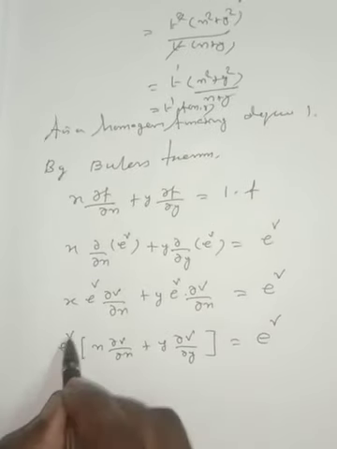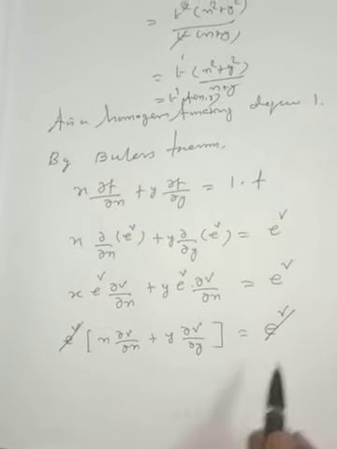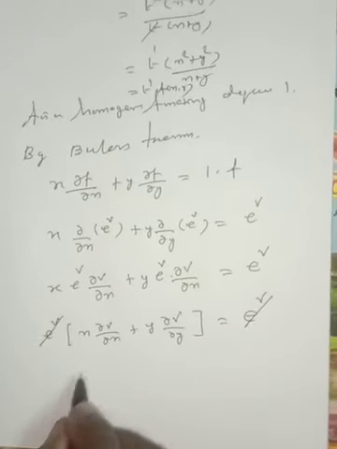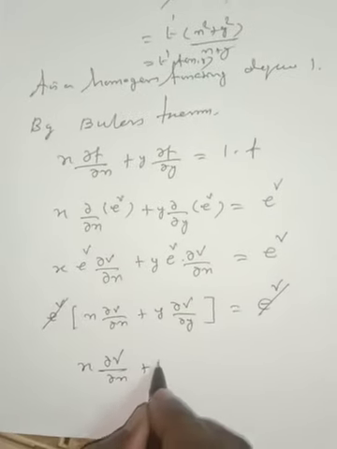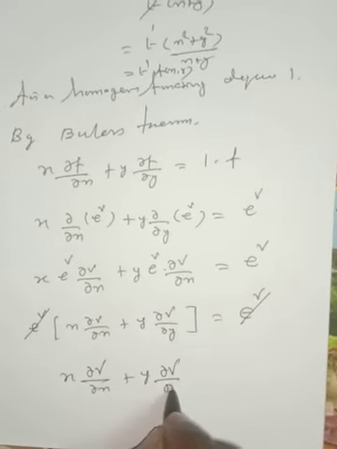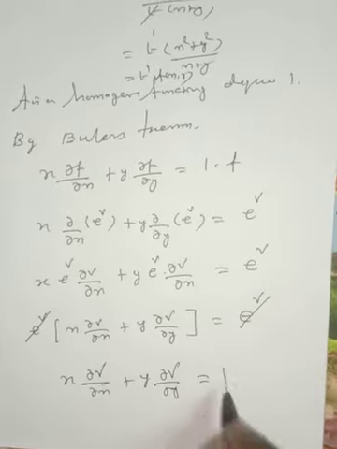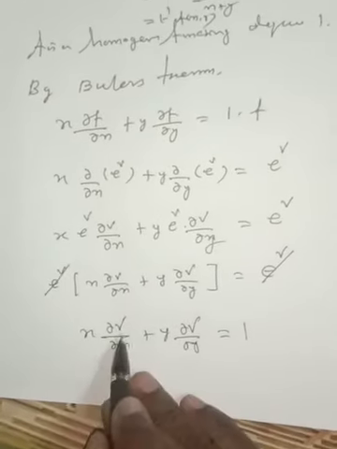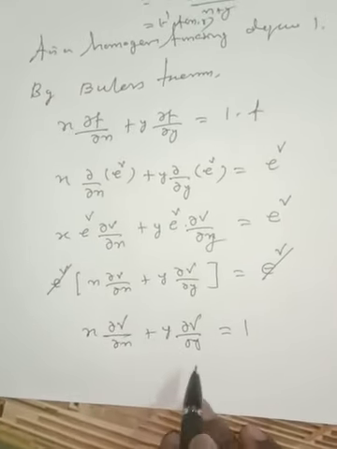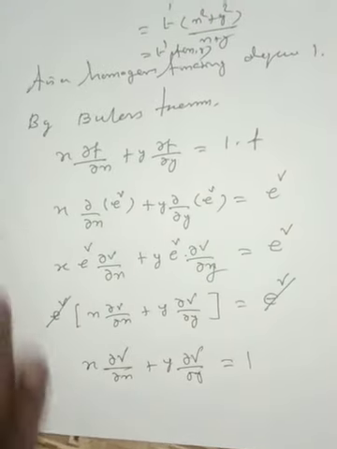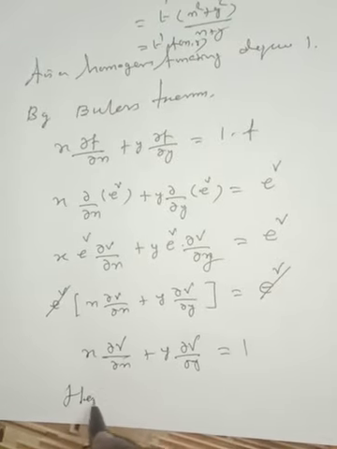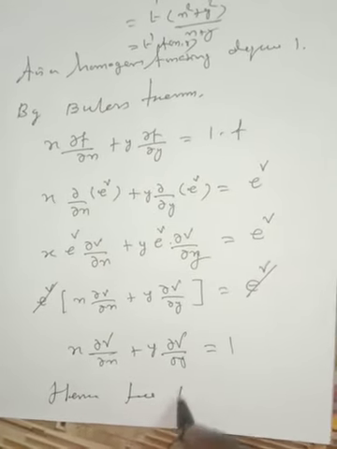Now cancelling these two, we get 1. So x dou v by dou x plus y dou v by dou y is equal to 1. Hence the proof.